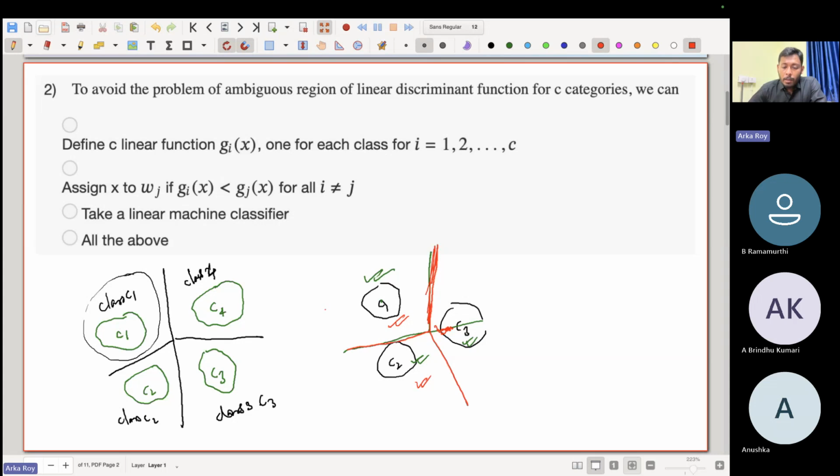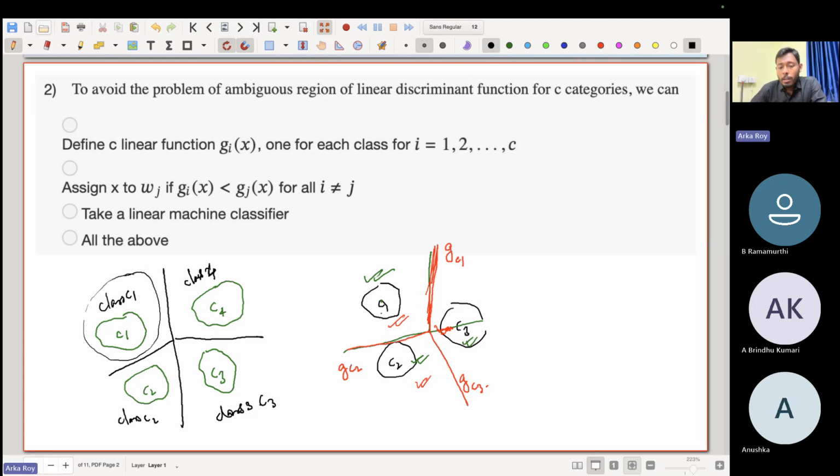Now we can understand, let's say you have C number of classes. There will be C number of such decision boundaries. This is G of C1, this is G of C2, and this is G of C3. So there are three different decision boundaries that you can draw so that you can avoid the ambiguous region.